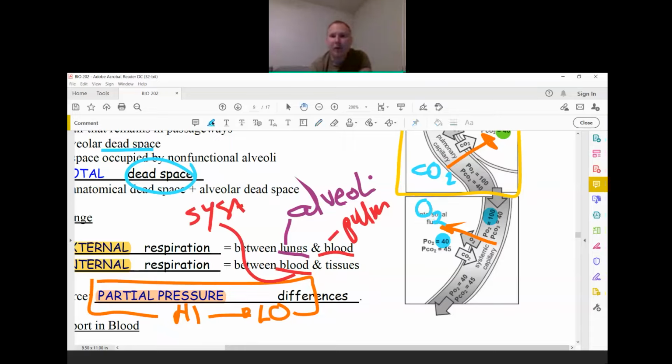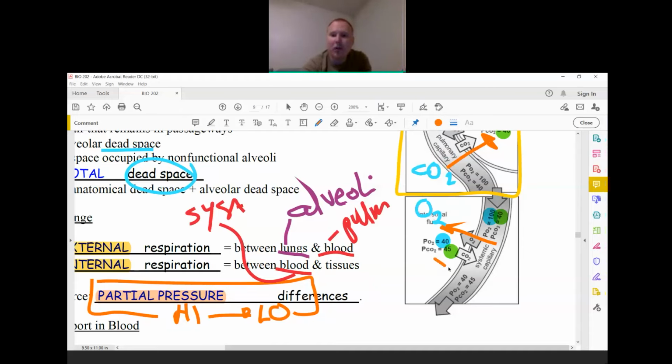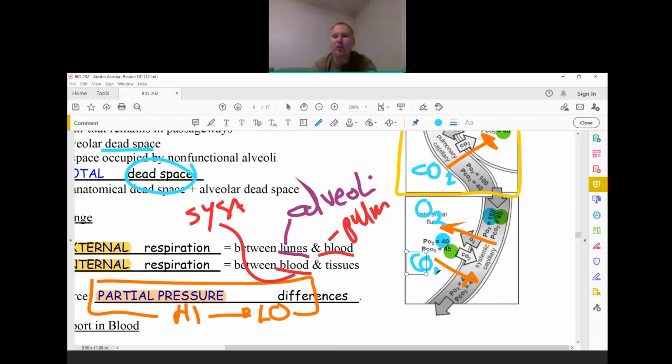And the opposite happens for carbon dioxide, simply because the carbon dioxide concentration in the systemic circuit blood that comes from the lungs is going to be 40 millimeters of mercury, whereas in the tissues it's 45 millimeters of mercury. So again, from the areas of high concentration to areas of low concentration, carbon dioxide moves from the tissues or interstitial fluid, interstitial space, to the blood of the systemic capillaries. And that was our explanation for the internal gas exchange.